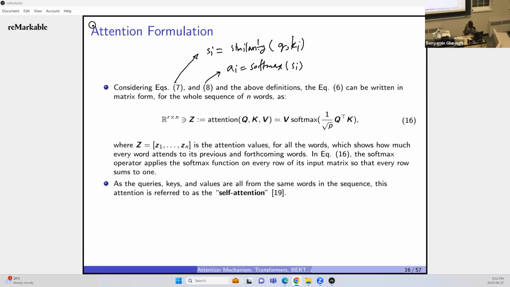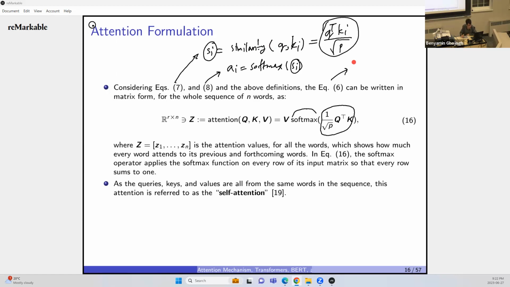What do we have? Do you remember one of the similarity measures was the scaled inner product? So we had q transpose k_i over the square root of p. In matrix format it is this, and then I put this s_i inside the softmax. However, do you remember what equation 6 was?